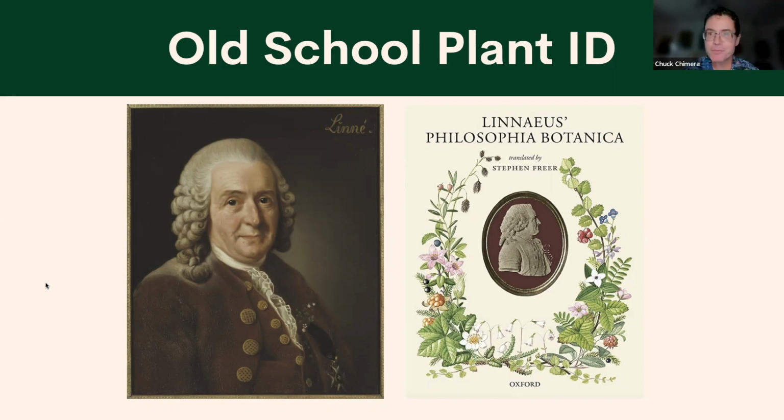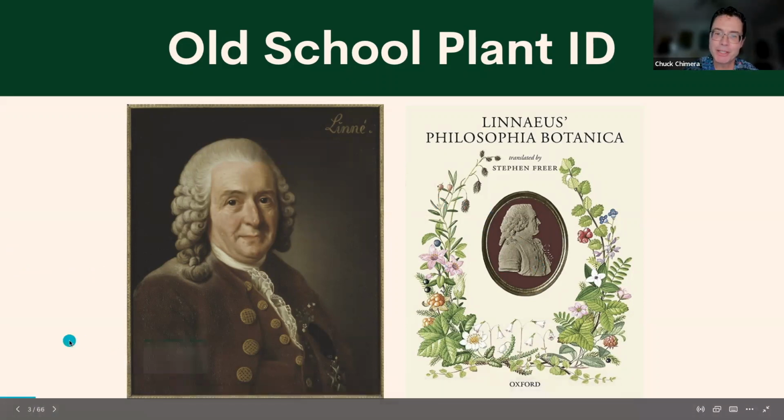But to start, of course, people have been identifying plants and other organisms around them well before this guy came along, Carolus Linnaeus. But for the sake of tonight's presentation, I'm going to start with him. He's a Swedish botanist and zoologist who laid the foundations for the biological binomial nomenclature system that's still in use today.